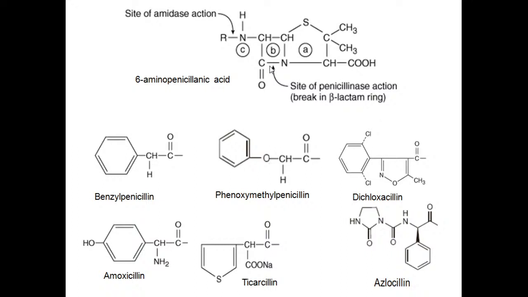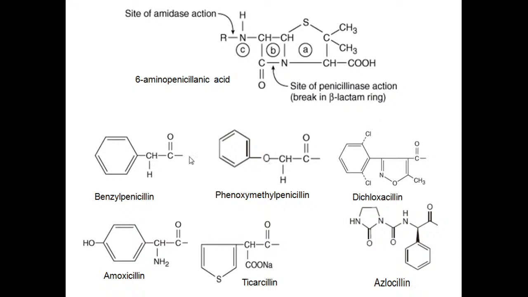First, when we started to use penicillins, the effect was grand, very good. But in 2-3 years, some microorganisms started to produce a mechanism of resistance. They started to produce a special enzyme, penicillinase.